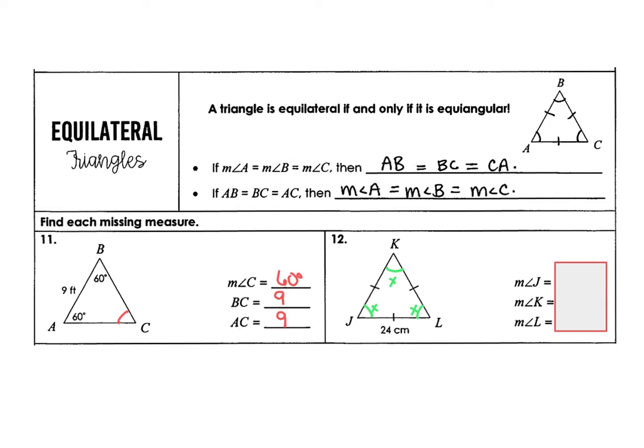So if I give it a variable, I can give it all the same variable, which means X plus X plus X should all equal 180, or 3X equals 180. In an equilateral triangle, my angles must be 60 degrees. That's the only way it will work. It's the only three angles that are the same that add up to 180. Mathematically, that's how it has to work.